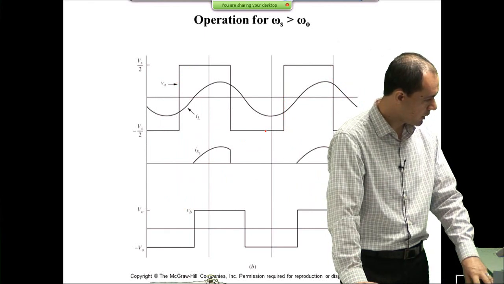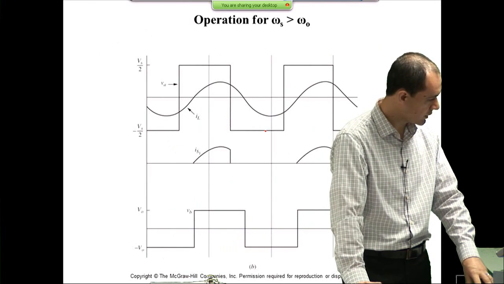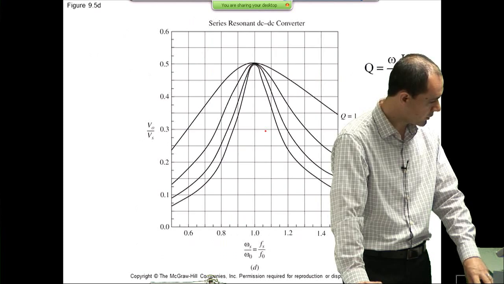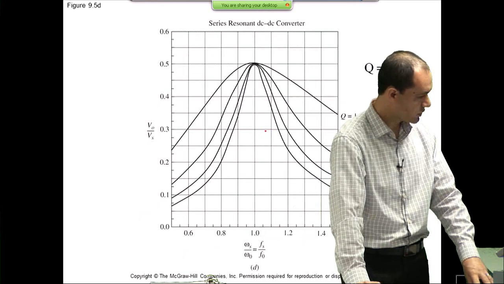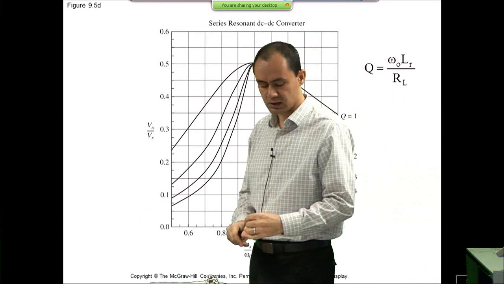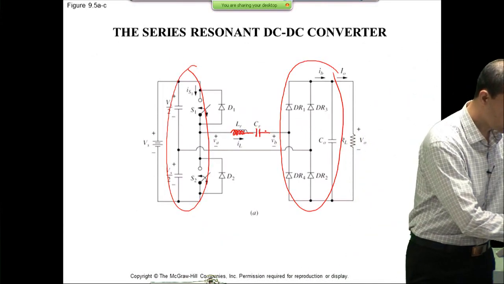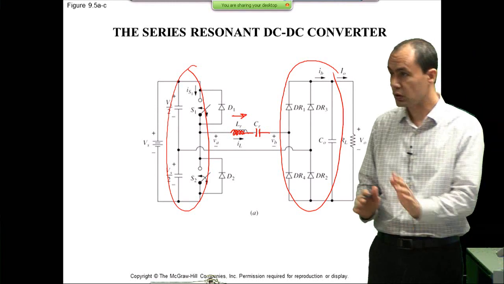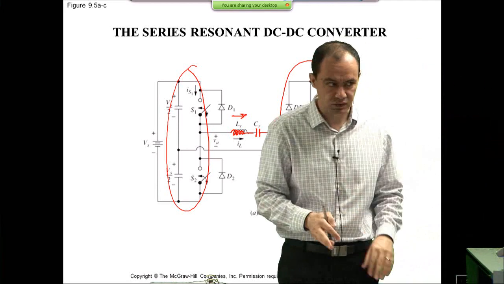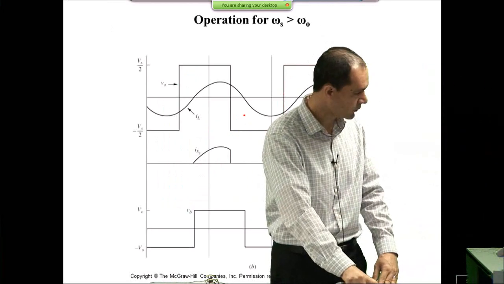We are going to take a look at some of the waveforms, not now, but after I'm done with this review. As it turns out, you can argue that the current passing through this inductor is almost sinusoidal if the switching frequency and the resonance frequency are very close.